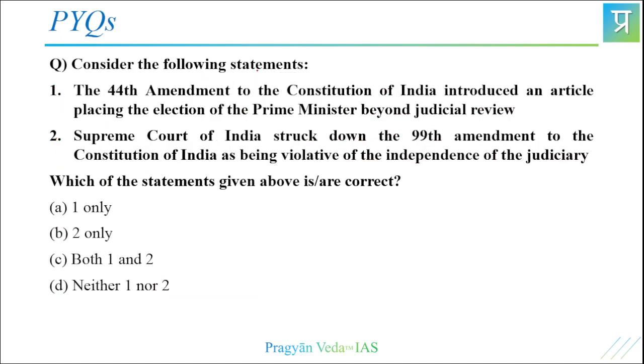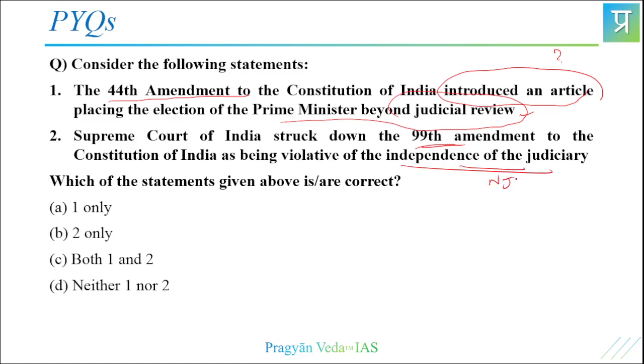Next question: consider the following statements. The 44th amendment to the Constitution of India introduced an article placing the election of the Prime Minister beyond judicial review. Okay, possible, but did they introduce an article? A little fishy here. Let us see. The Supreme Court of India struck down the 99th amendment to the Constitution as being violative of the independence of judiciary.